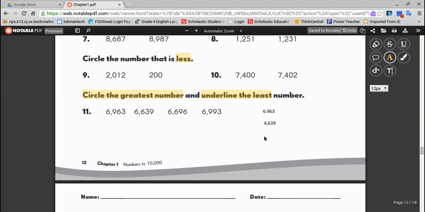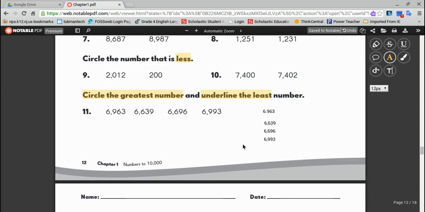My next number, I'm going to write it right below it, 6,669. Oops, 6,696, I apologize. And then the last number, 6,993. Let's write that right below it. 6,993.